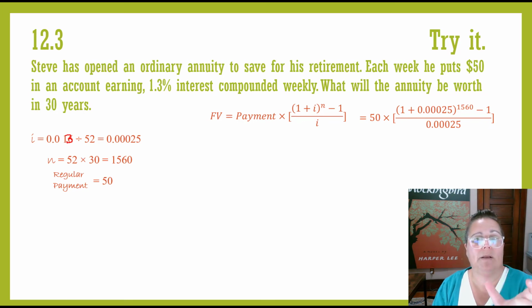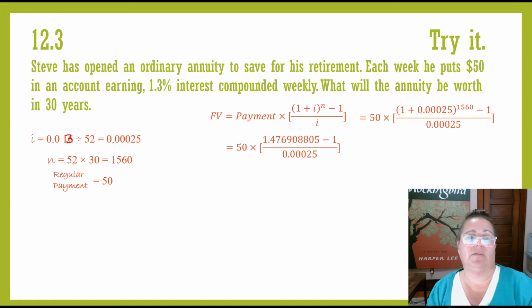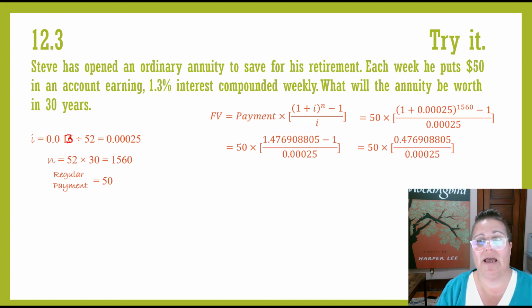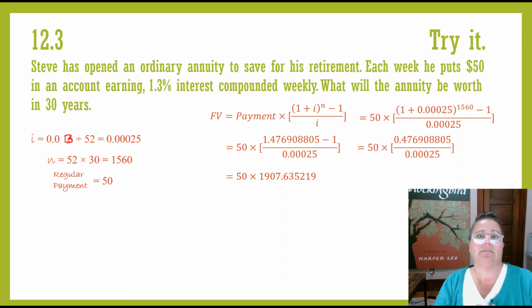Doing them one at a time, order of operations, I'm going to do that 1 plus 0.00025 to the 1,560th power, and I'm going to get 1.4769088805. I need to subtract 1 from that and divide by the I again. When I subtract 1, I get 0.4769088805, divided by 0.00025, or 1,907.635219.